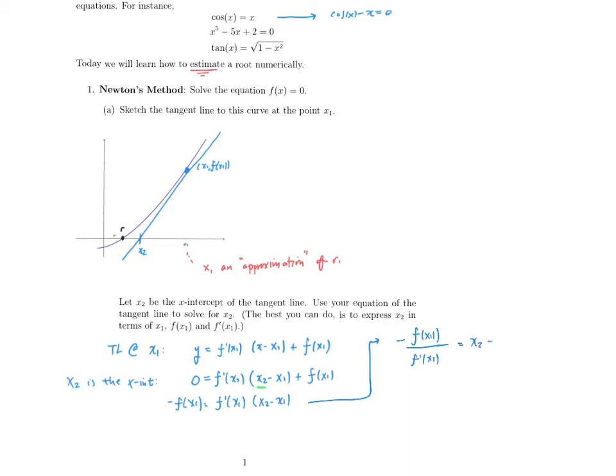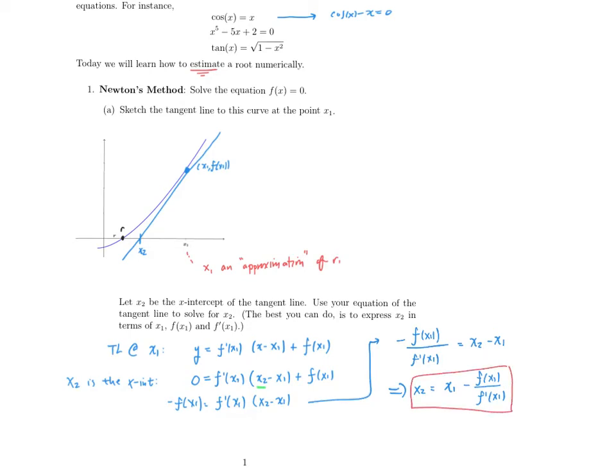And then lastly, if I want to get that x2 by itself, we will add x1 to both sides. So x2 is going to be x1 minus the quantity f of x1 over f prime of x1. And this is what we were shooting for.